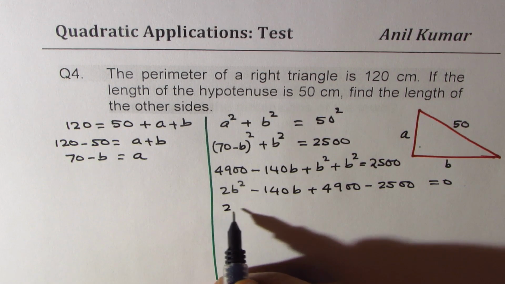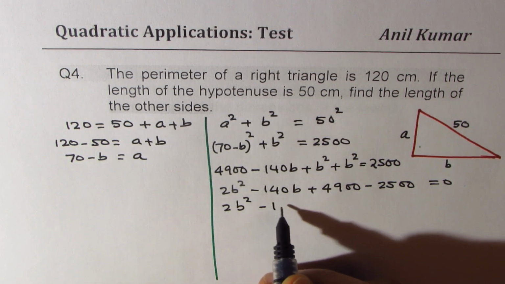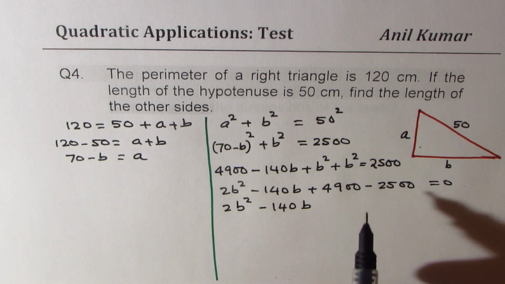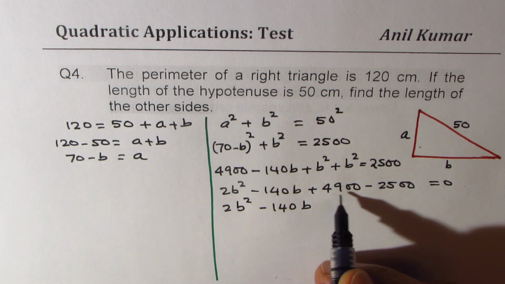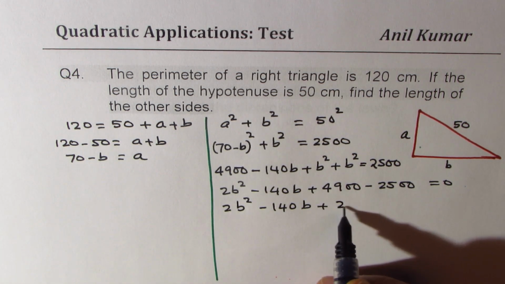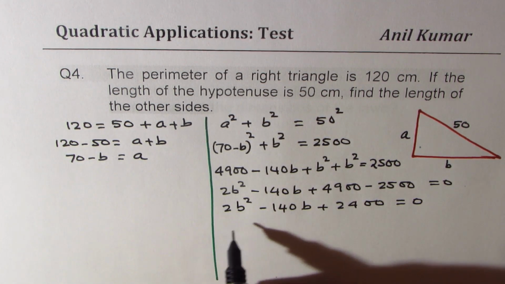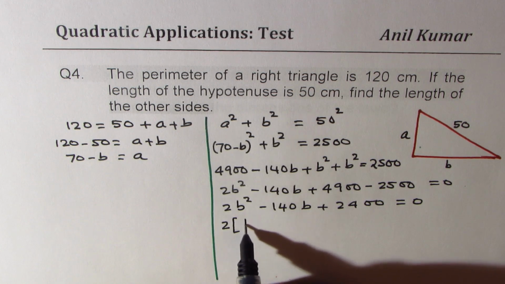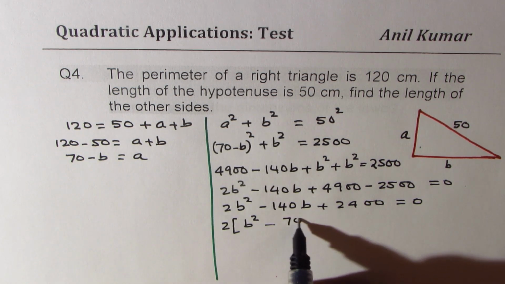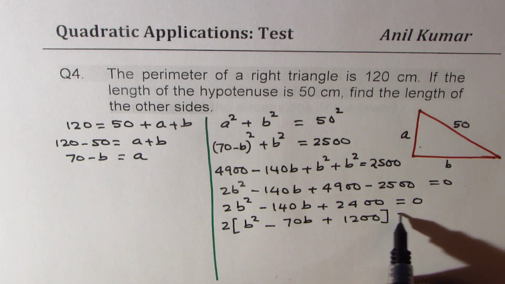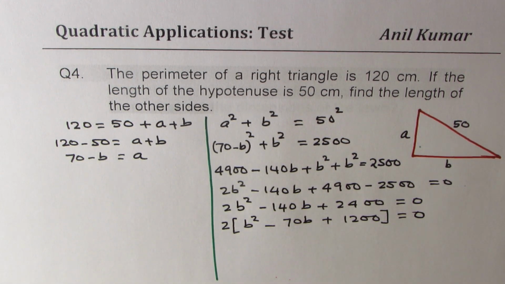So we have 2b square minus 140b plus 2400 equals 0. We can divide by 2, so let's factor out 2. B square minus 70b plus 1200 is equal to 0. Correct? So that is what we get.